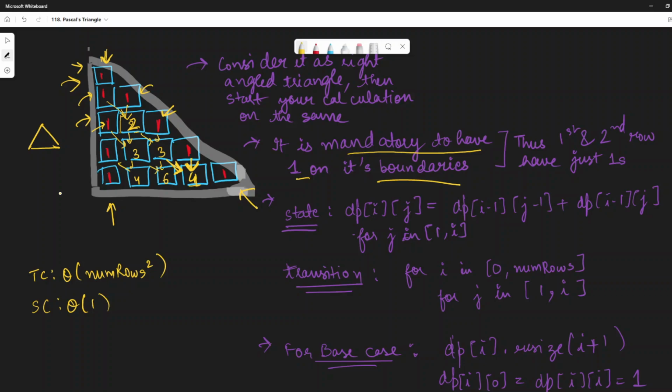In that context, our state would be simply i minus 1, which indicates the previous row, and j minus 1, which indicates the column just before, and the just above column. So this is how the DP state comes up. And this j should be from 1 to i, else we will get a runtime error for our particular row.